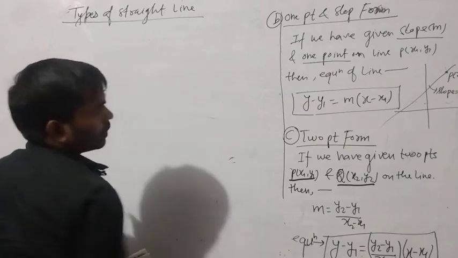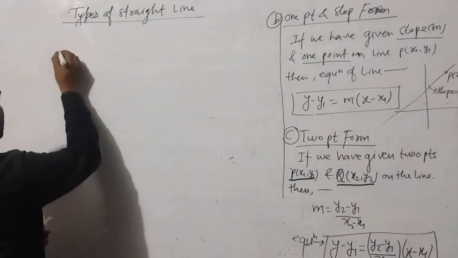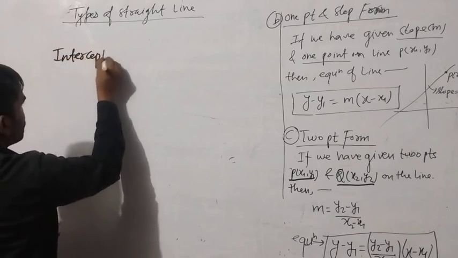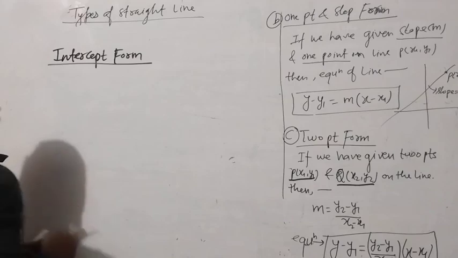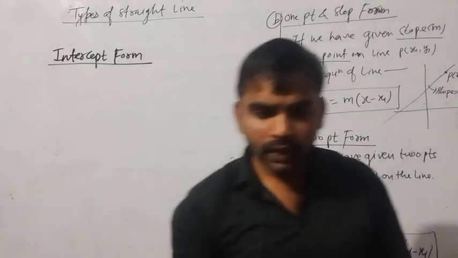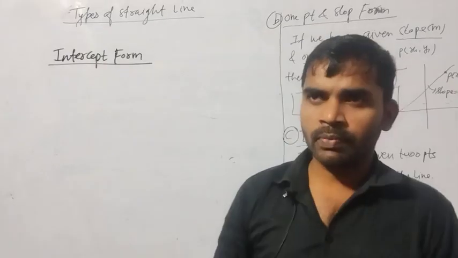Okay, so third is intercept form. In intercept form, you are given the intercepts of the line on the x-axis and y-axis respectively.